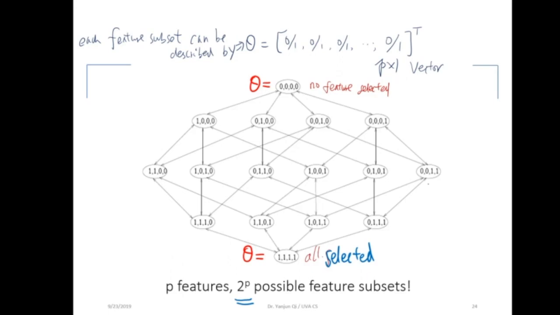If you only allow one mutation on the binary vector, the first layer is p: there are p different theta. And the second layer, and then all the possible paths. In the end, the summation is 2 to the p. In the end, you're trying to search on this DAG structure.